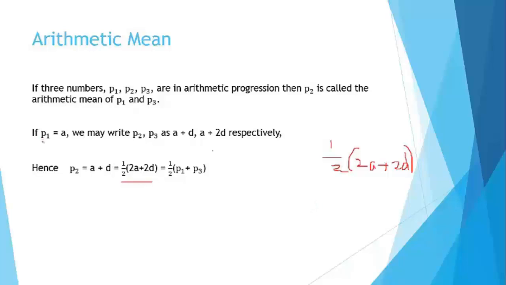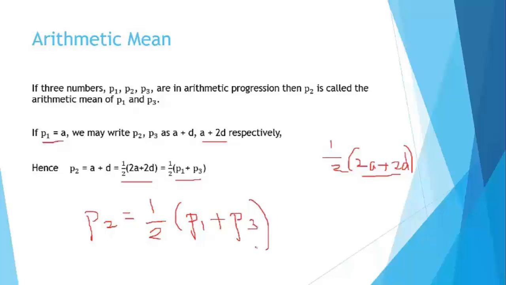That is because P1 equals A and P3 equals A plus 2D, so A plus A plus 2D equals 2A plus 2D. So that's how we get P1 plus P3 over here. So P2 equals half of P1 plus P3. So the arithmetic mean of two numbers x and y is half of x plus y.